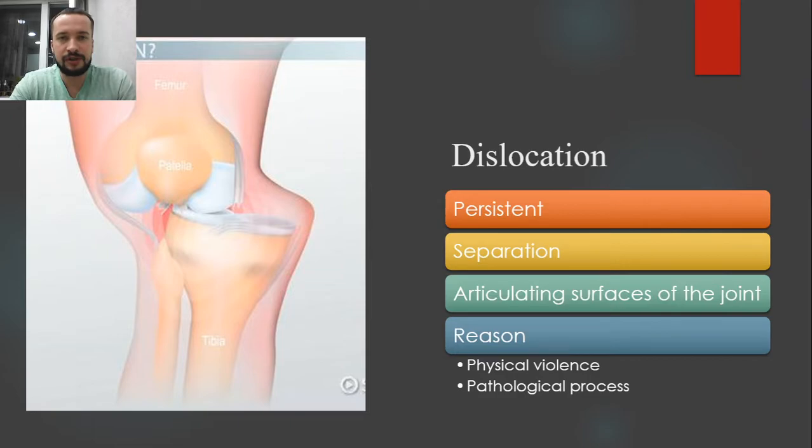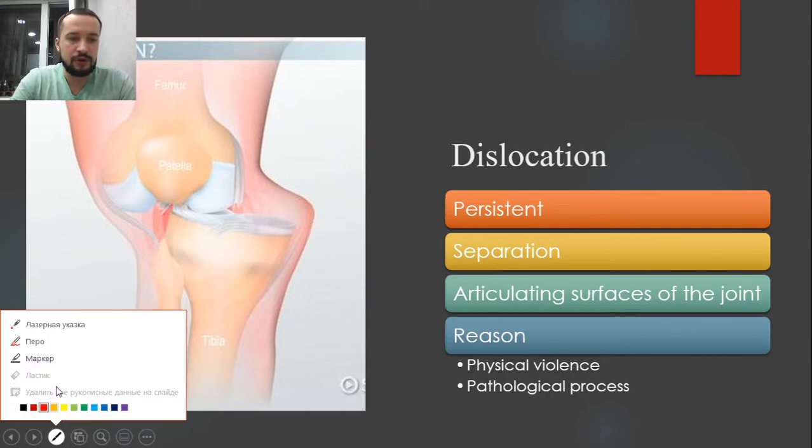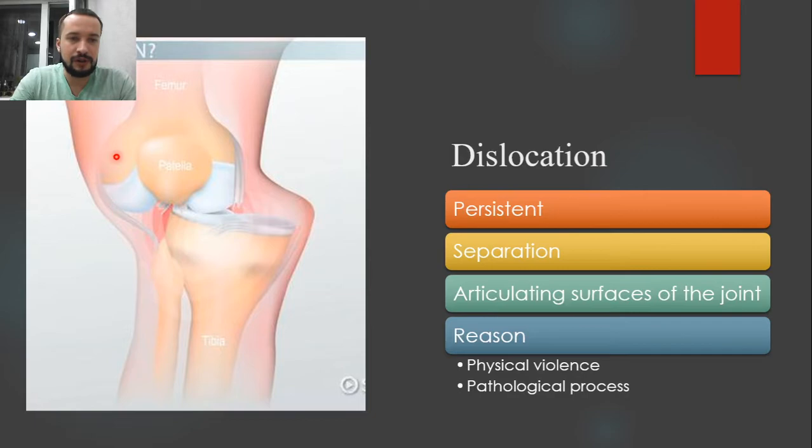How do we understand that patients have a dislocation? Often we never see the joint, because it is under the skin. But if you look at the picture, you will see the joint.